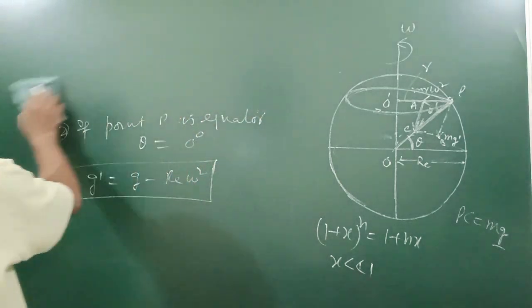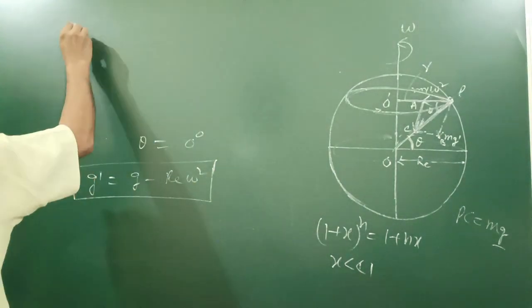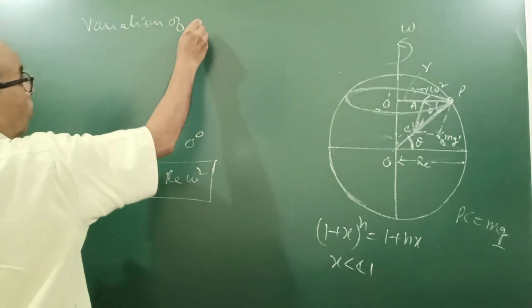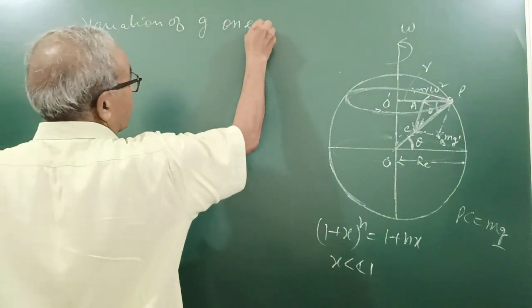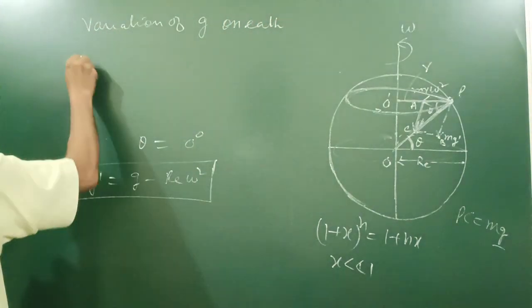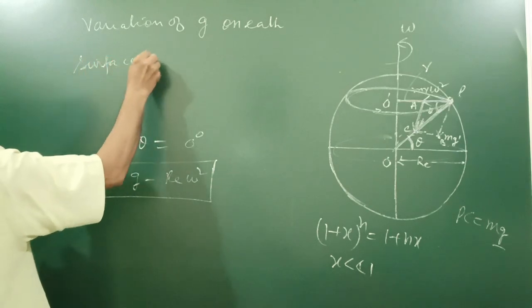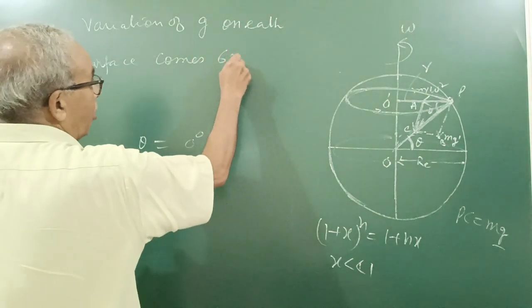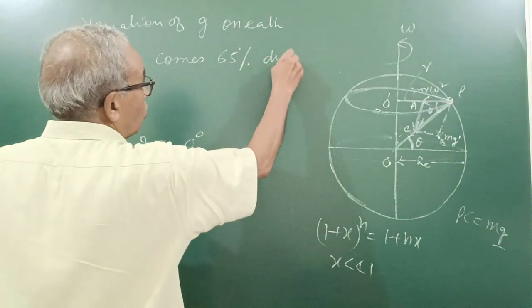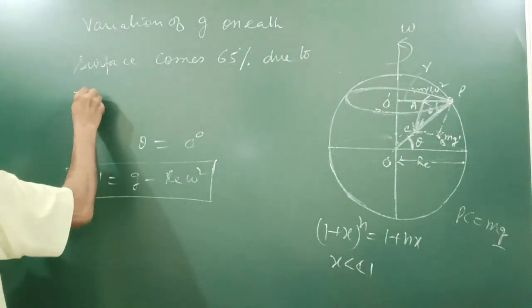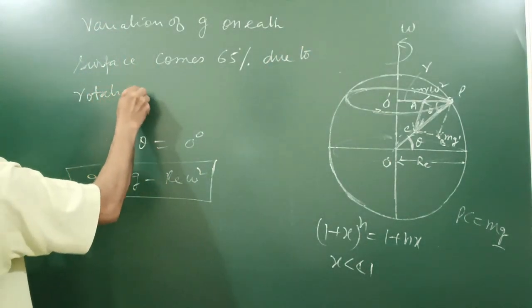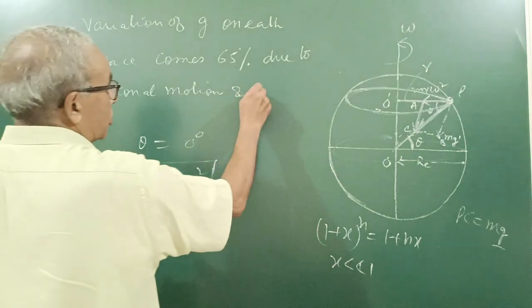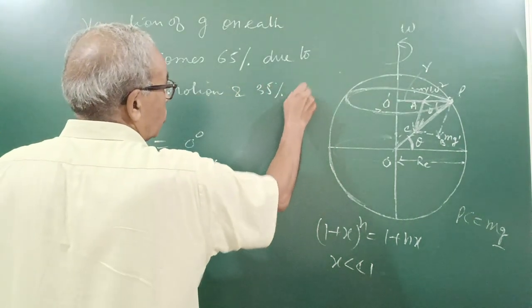And from data it has come out that the variation of g on Earth's surface comes 65% due to rotational motion and 35% due to shape.